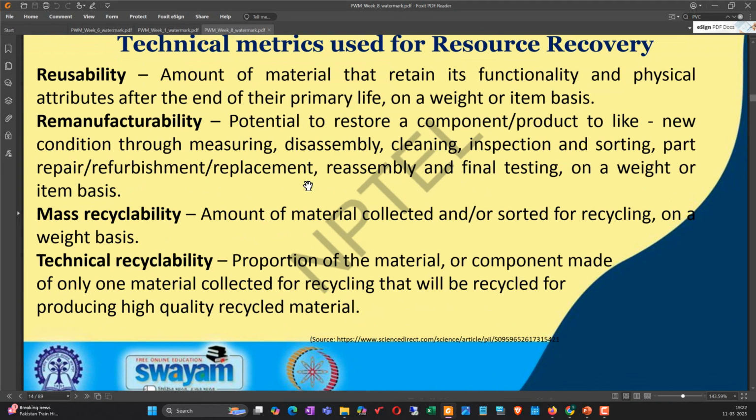Remanufacturing is the potential to restore a component or product to like-new condition through measuring, disassembly, cleaning, inspection, and sorting. Okay, so that can be reused for reassembling and final testing on a weight or item basis.